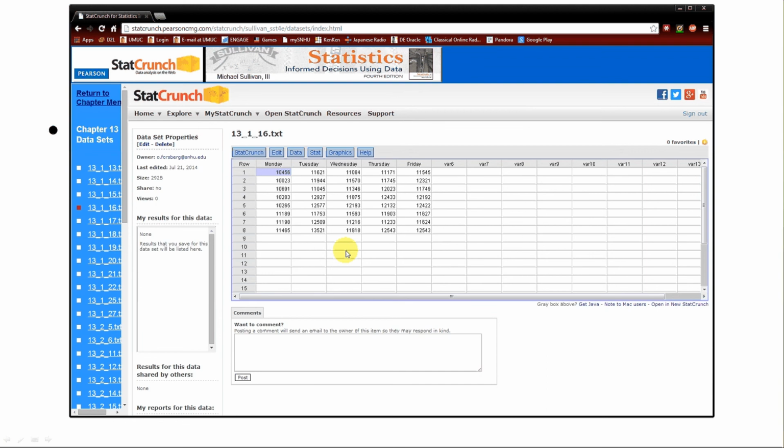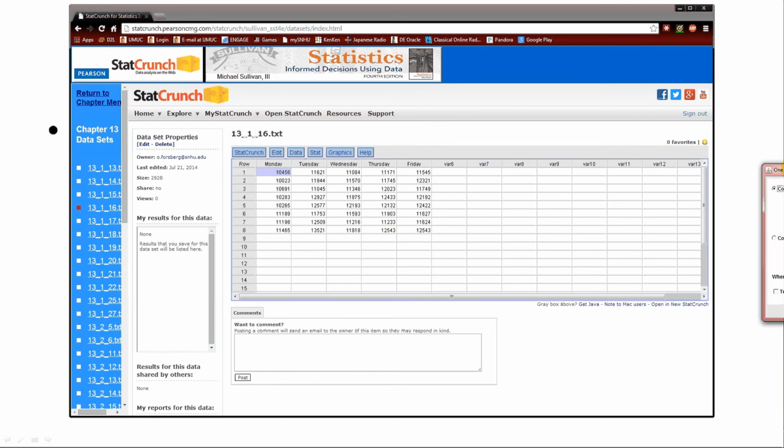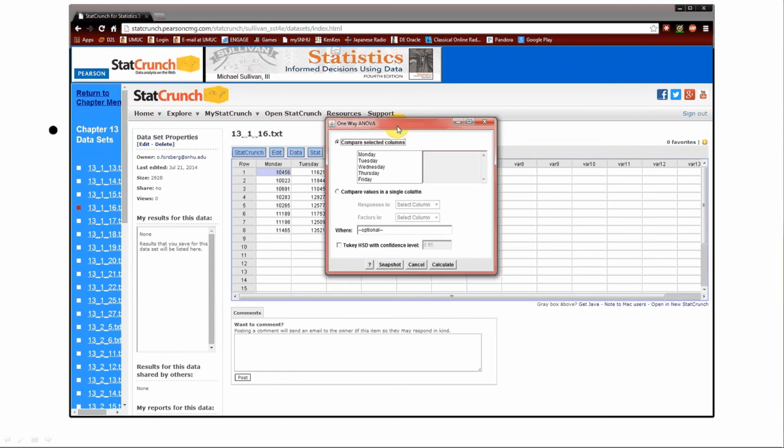So again, here we go. Stat, ANOVA, One Way. And again, one way because there's one independent variable. That one independent variable is day of the week. We're going to compare selected columns. I'm going to select all 5 of these and calculate.